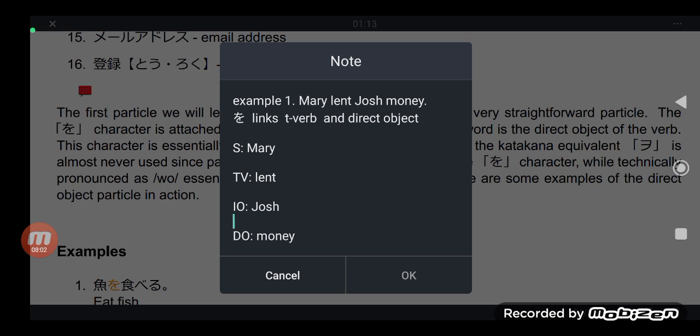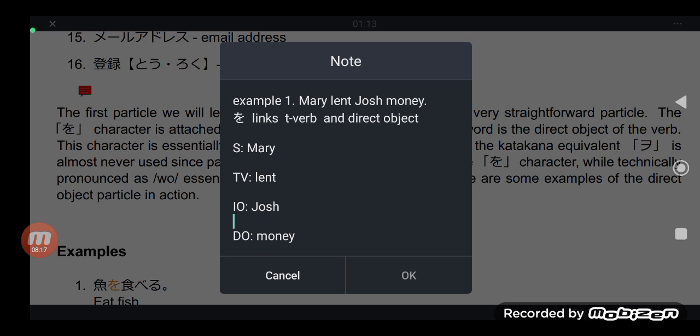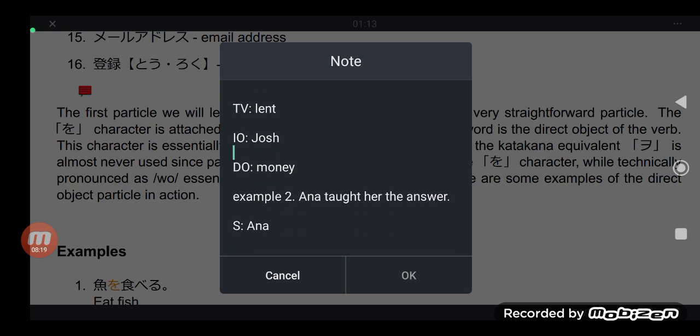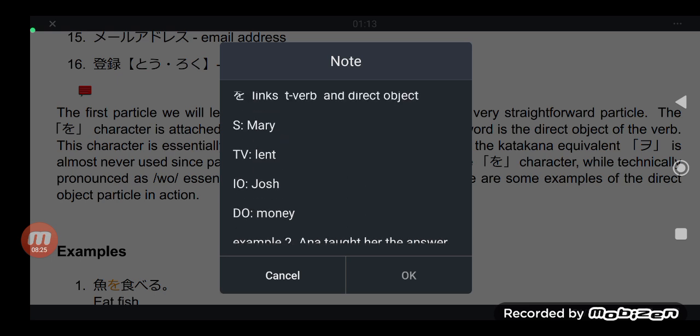And the direct object is the noun unto which the action was done. That's the direct object. Example: subject Mary, transitive verb lent, indirect object Josh, direct object money.